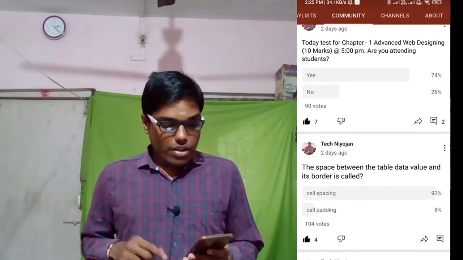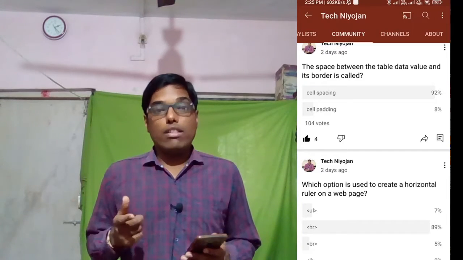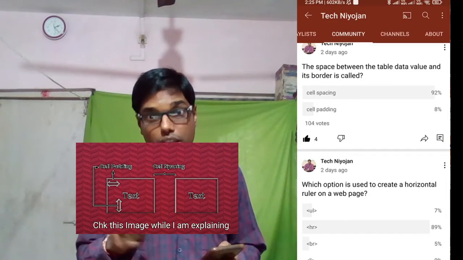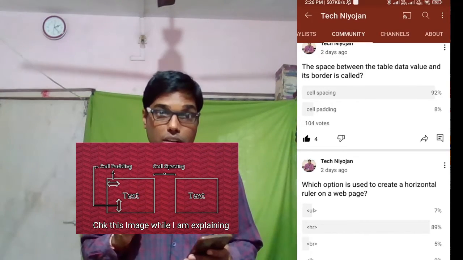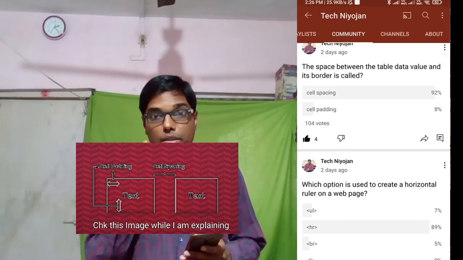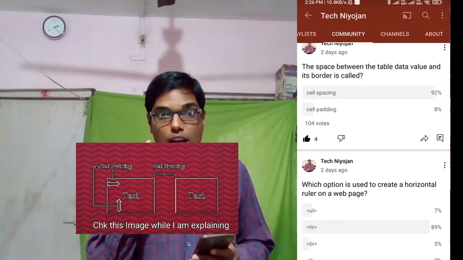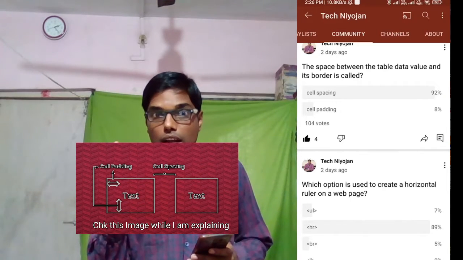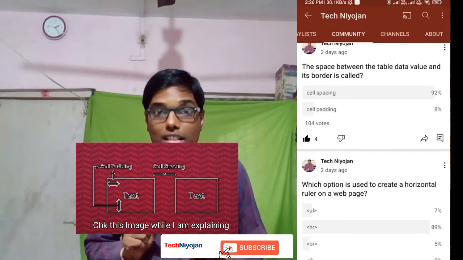The space between table data value and its border is called as? See, many students have given this wrong answer. I guess they have made a misperception over here for the question that is being asked. Why? See, the table, that means a particular cell is there, right? If a particular cell, and again an adjacent cell is there, then the gap between those two cells will be the cell spacing.